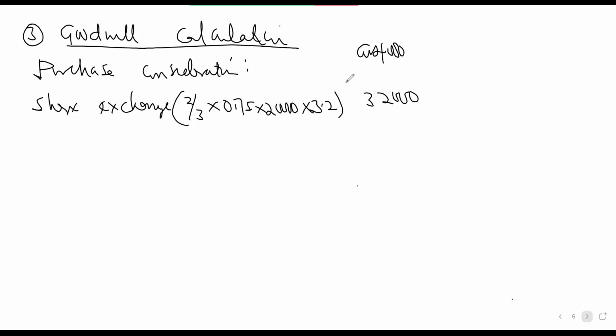It's not that they are issuing the shares they are going to buy. No. You are buying the company, you are buying the shares of the company. You need to pay them cash of 32,000. You don't have the cash. You are now giving them a share. Since we don't have the cash, we are going to issue you shares in return for whatever we are taking from you. So that is why they are giving them the 32,000. They should have given them cash of 32,000, but they don't have the cash. So we are using shares to pay you.